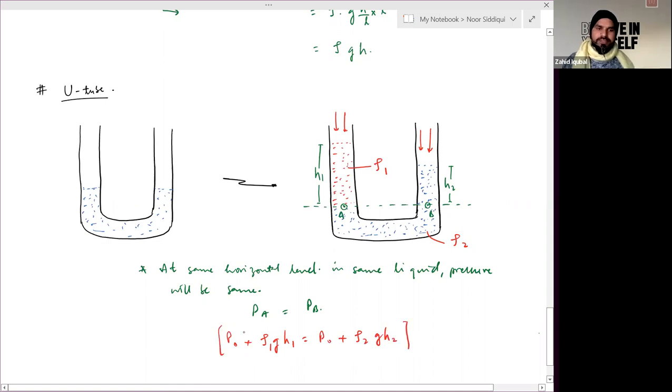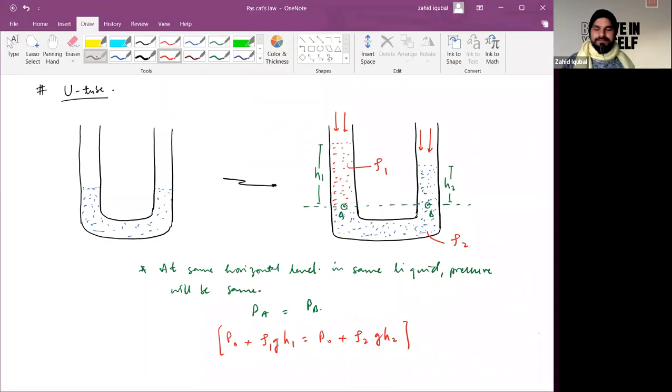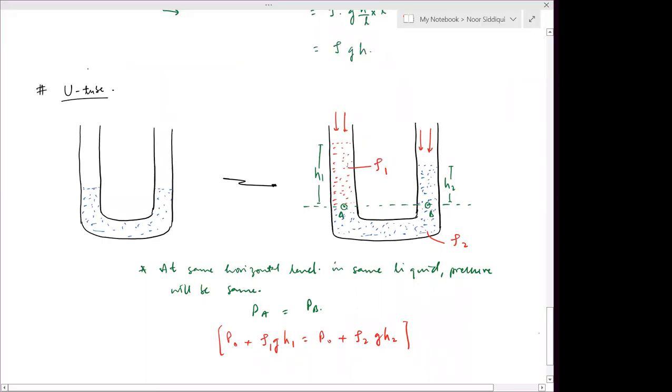So using this equation, you may calculate density, height, and pressure related to this segment. Noor, is it clear? Yes, sir. Okay, just write it down.